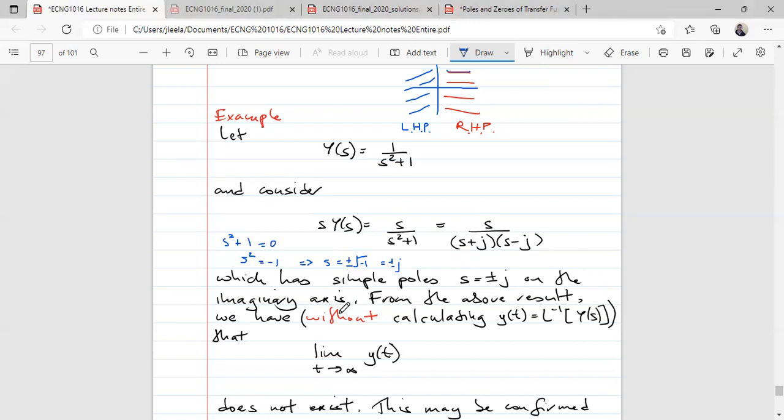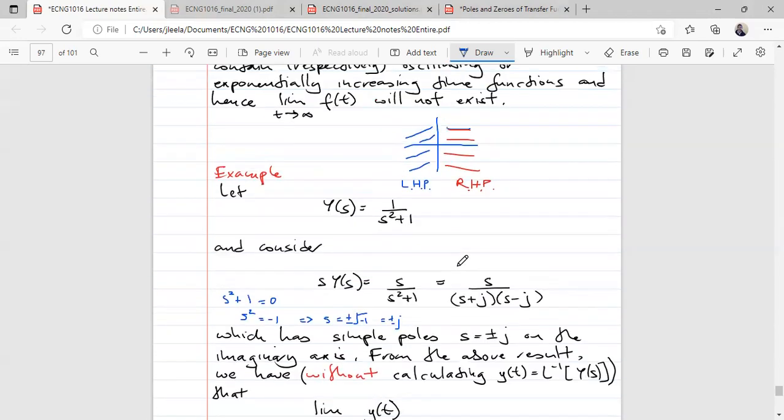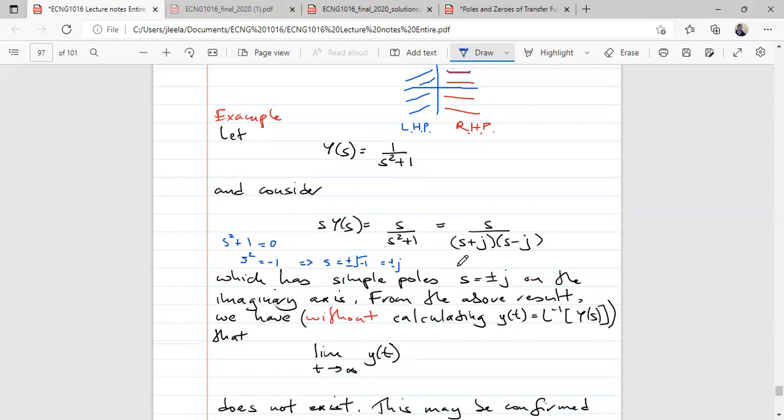So you have s plus j, which is the case when the pole is minus j, and s minus j, when the pole is plus j, because minus j plus j is 0. These two poles lie exactly on the imaginary axis. If I draw a little diagram here, this is Re(s), and this is Im(s).